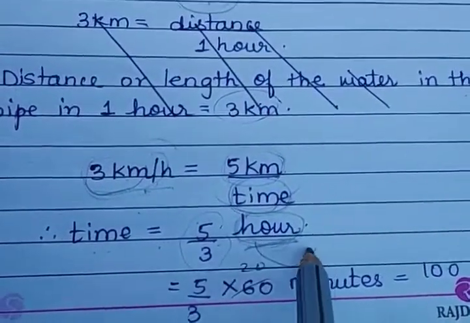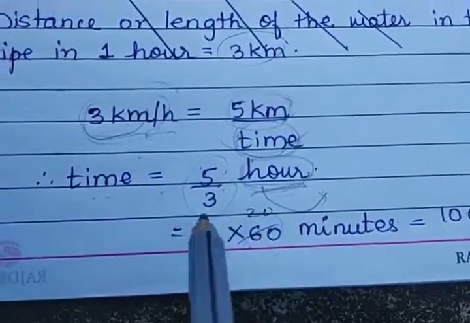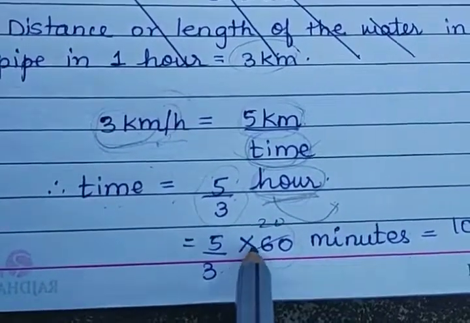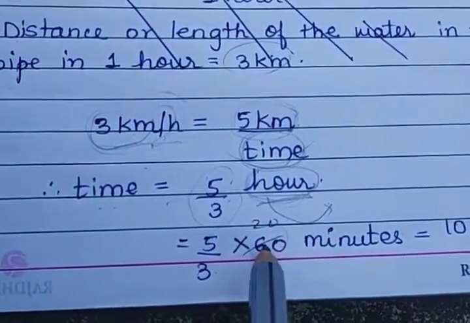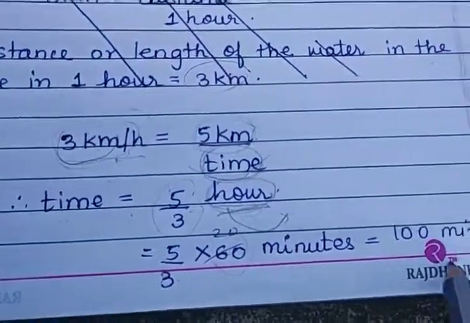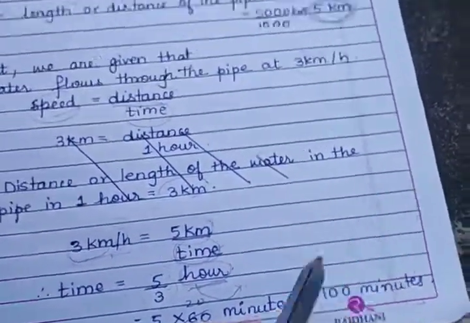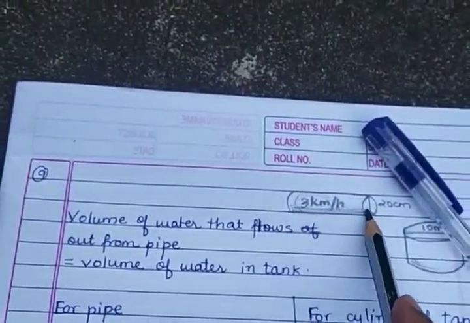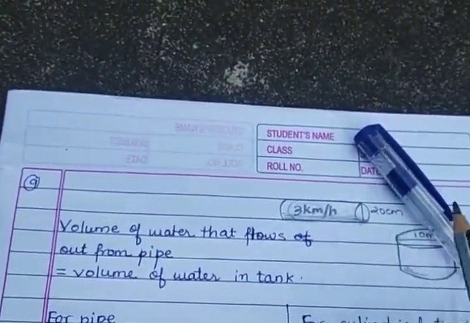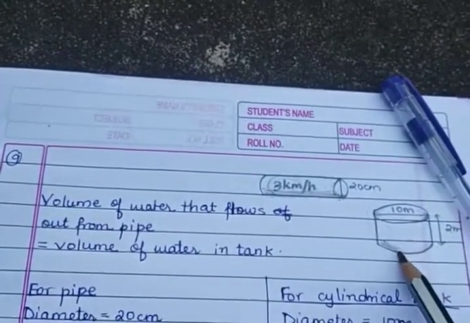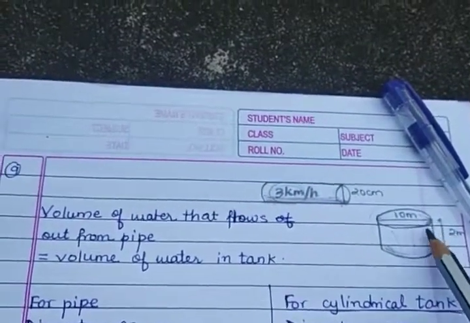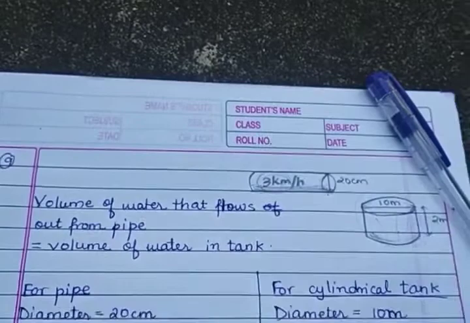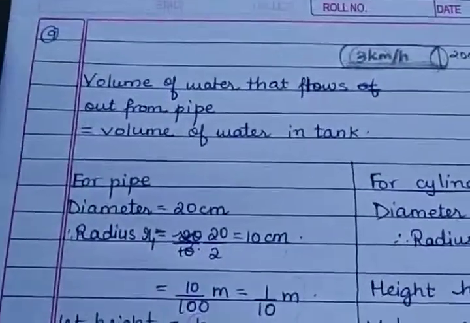Hours to minutes, you multiply by 60. So you get 5 upon 3 multiplied by 60 minutes, which is 100 minutes on cancellation. So if the water flows through this pipe at the speed of 3 kilometers per hour, the time taken to fill this tank is 100 minutes. Okay, so this is another very important problem.